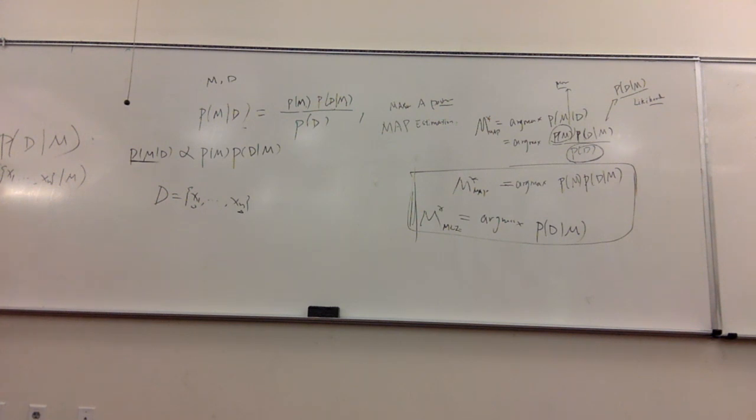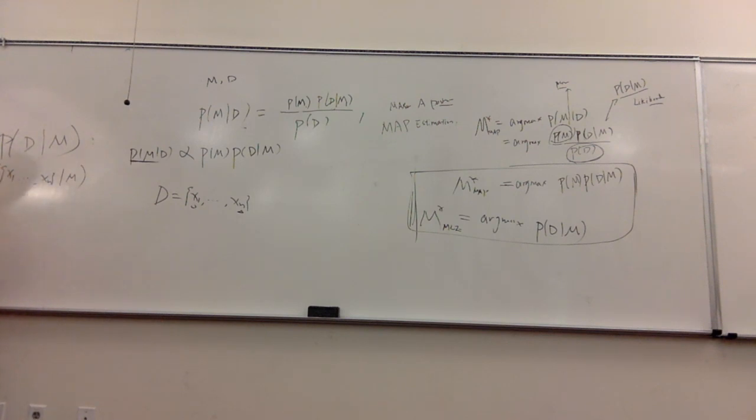A very commonly used assumption is that, given this model, the data points are independent. Namely, the joint probability is equal to the product of the probability of each data point.